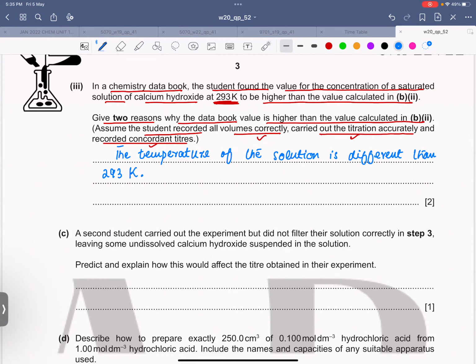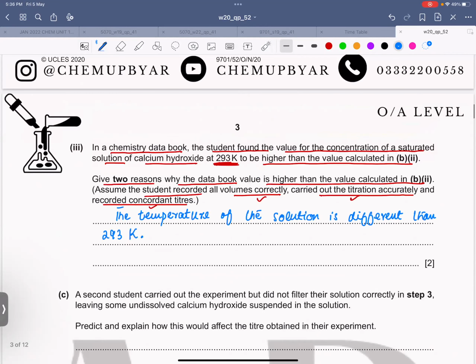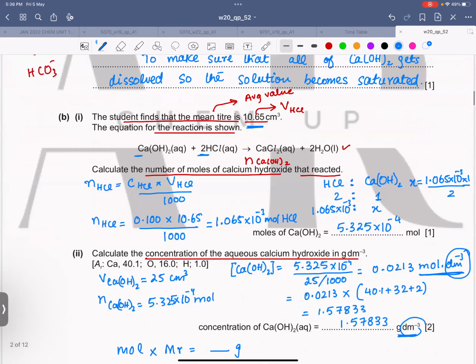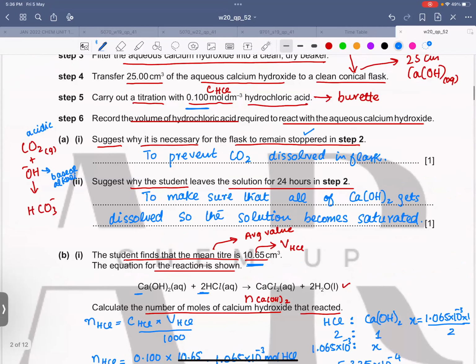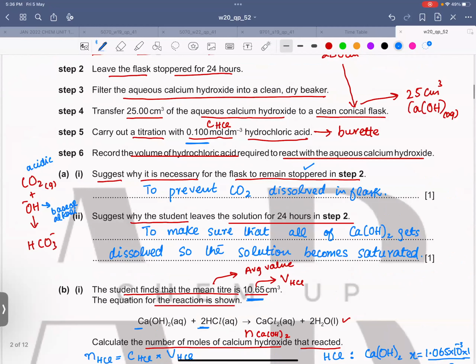Yes, sir. Now, what can be the other reason? What we did, if you see this part, is that we leave the solution for 24 hours, and why we did it, we have answered over here. What is the reason that we leave the solution for 24 hours?